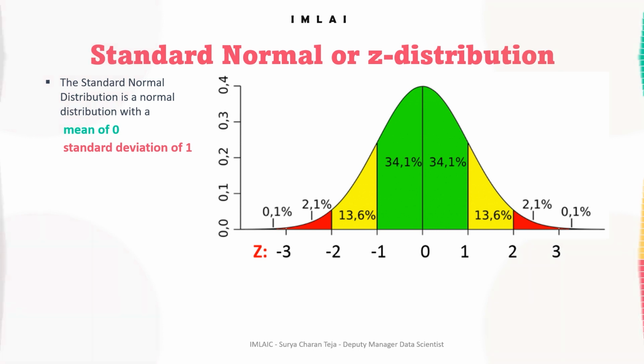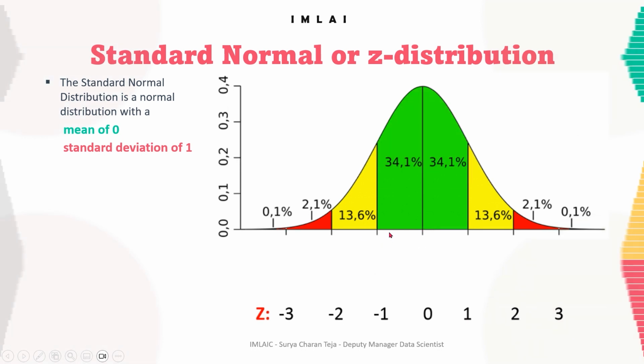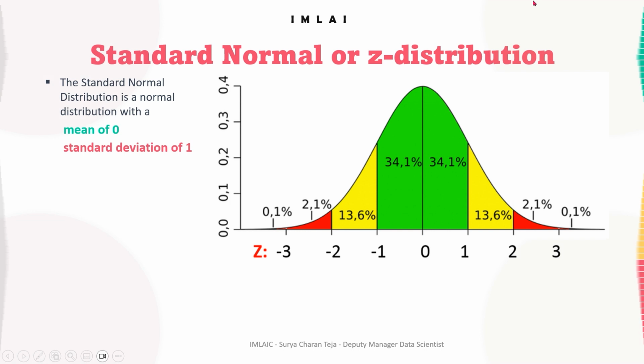After applying the Z-score, the mean will become 0, and the standard deviation is no more 1 sigma, 2 sigma, 3 sigma, no more 1, 2 or 3 standard deviations. This will be converted into 1. Yes, this is your standard normal distribution.